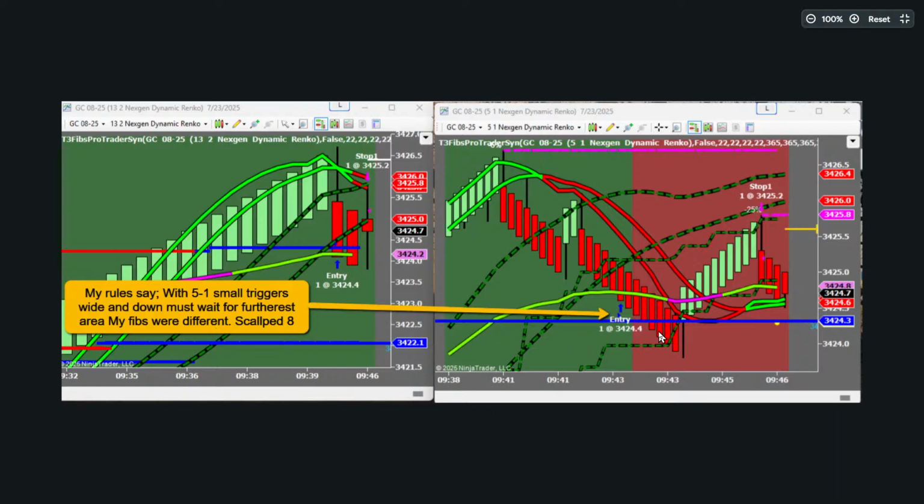Your fibs were different. Dude, Ed, this is perfect. It's strong triggers. It's a clear path. You called your shot, made them give it to you, and got paid. Strong work, Ed. Strong work.